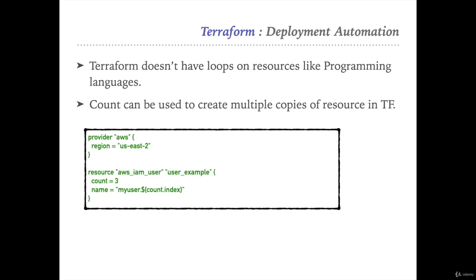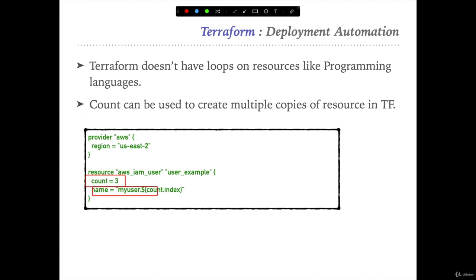This syntax will create the 3 IAM users, and in the name you are defining my name dot, then the value of count.index. This way, it will create 3 AWS IAM users: my user 1, my user 2, and my user 3. Please make sure whenever we are using the count, we keep the name unique.